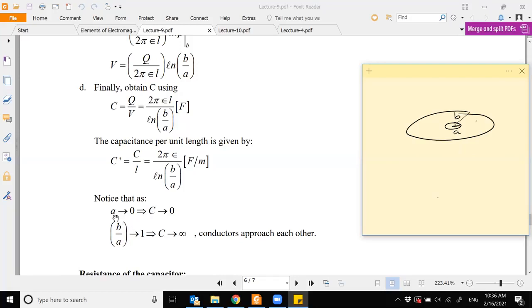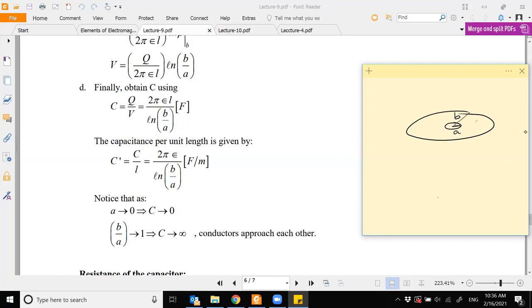And then you have to make B over A. On the other hand, if B over A is becoming close to 1, then ln of 1 will become 0 and the capacitance will increase.